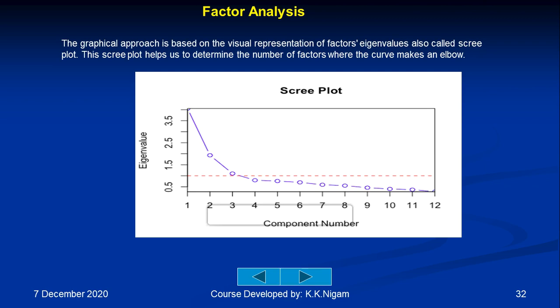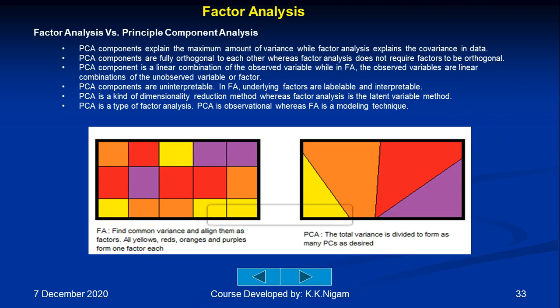Factor analysis versus principal component analysis. PCA components explain the maximum amount of variance, while factor analysis explains the covariance in data. PCA components are fully orthogonal to each other, whereas factor analysis does not require factors to be orthogonal. A PCA component is a linear combination of the observed variables, while in FA, the observed variables are linear combinations of the unobserved variables or factors.